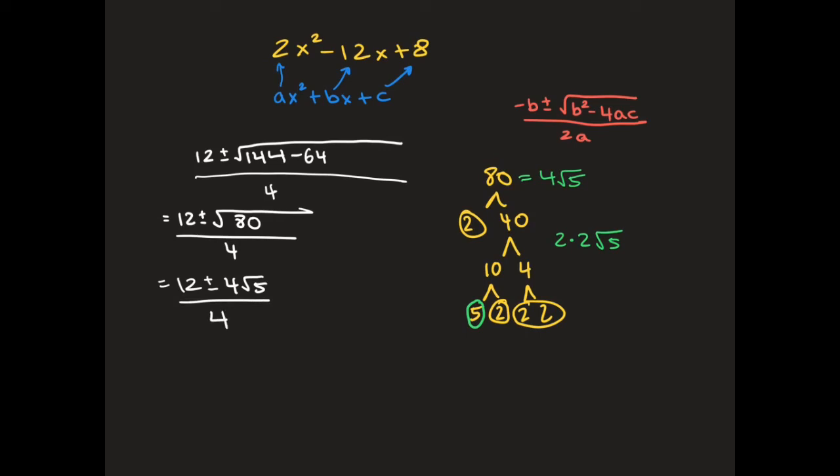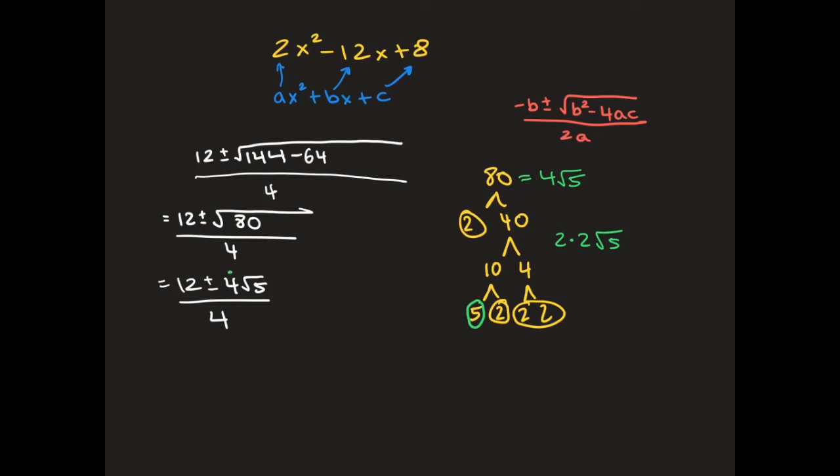And now this is basic simplification. So you see that divided by 4 part, right? However, 5 is not divisible by 4, and you are not allowed to divide by whatever is under the square root. But we can divide by whatever is outside the square root.